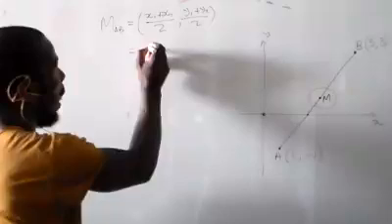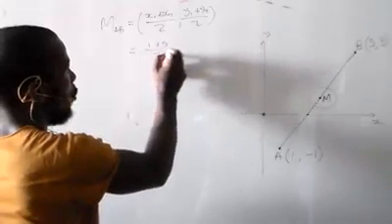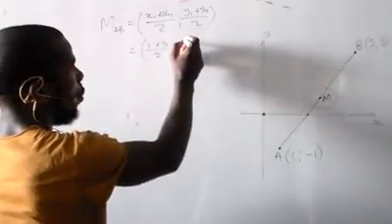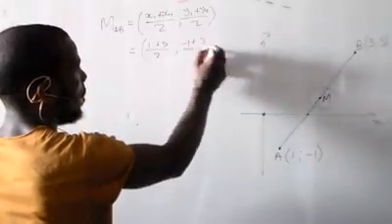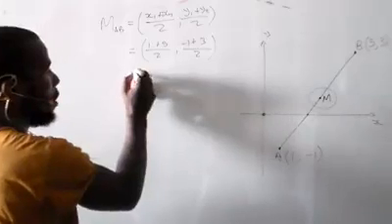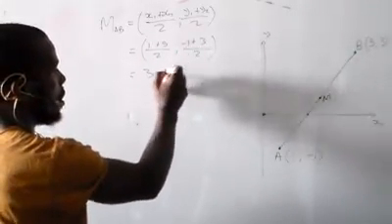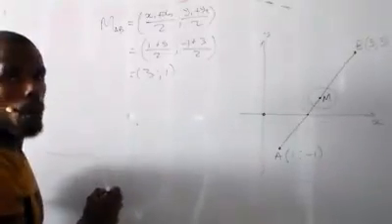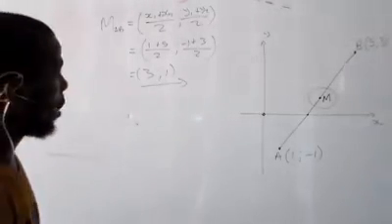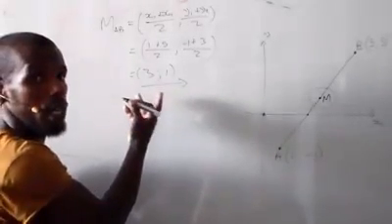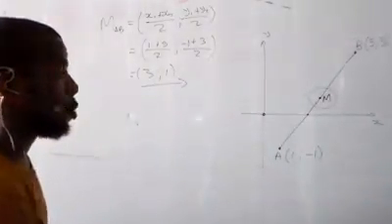Our x1 is 1 and our x2 is 5, all over 2; our y1 is -1 plus 3, over 2. So this one is 6 over 2, which gives us 3, and this one is 2 over 2, which gives us 1. So we have a point there which is (3; 1). You can calculate it and see if you get that point that I have solved right there. It's easy to get.